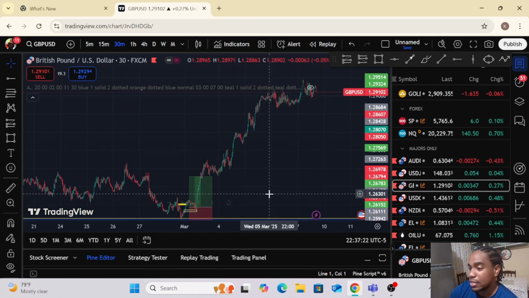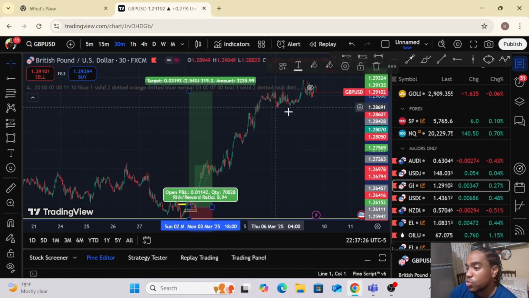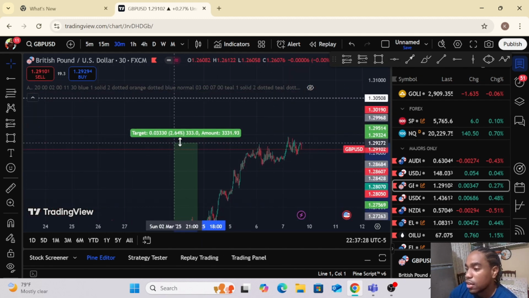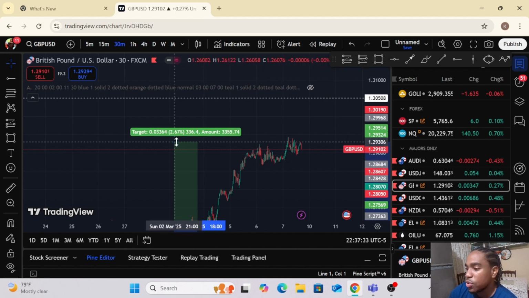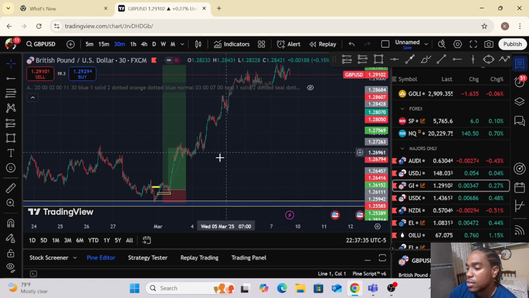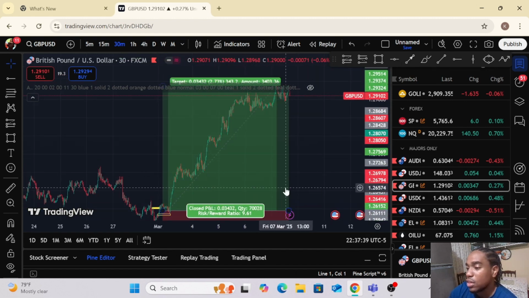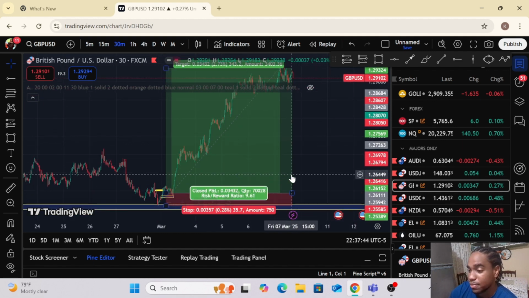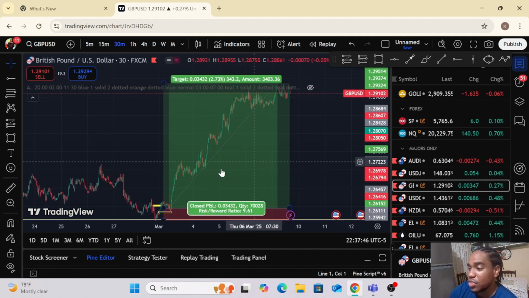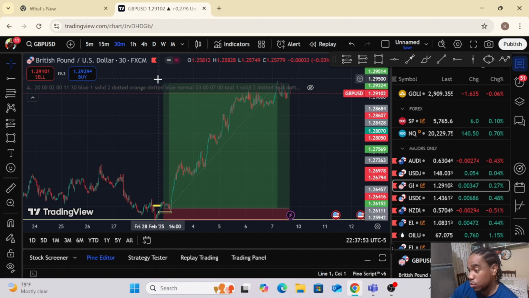This trade could have essentially gone for a 1:, let's see what it is, we pull it across, a 1:9. Massive trade. And this is off of a weekly zone.